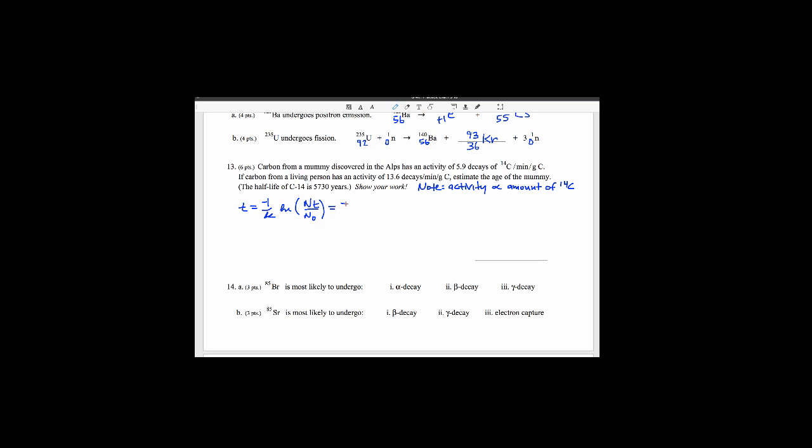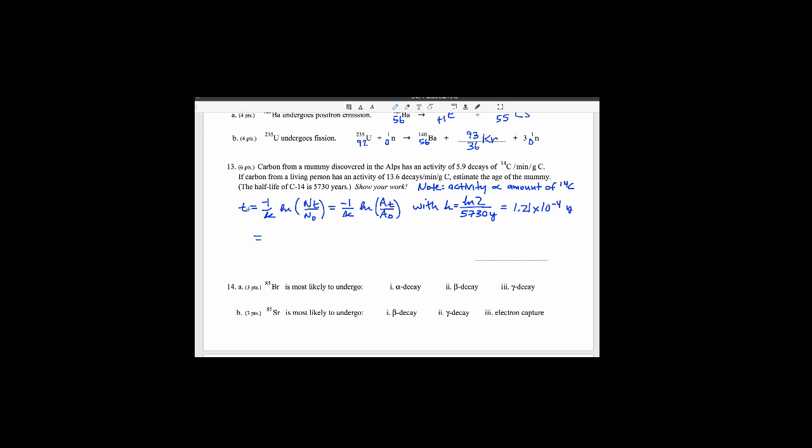And since the amount of carbon is proportional to the activity, then we can use the ratio of activities, and the natural log of that is equal to the ratio of the amounts. And then, of course, our relationship for k is ln 2 over the half-life, which in this case is 5,730 years, and so that works out to be 1.21 times 10 to the -4th per year.